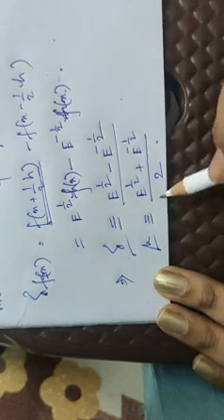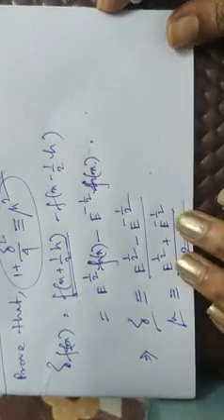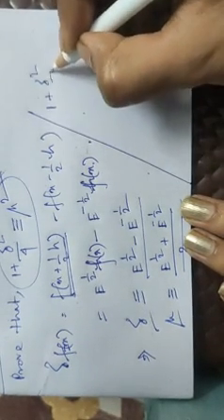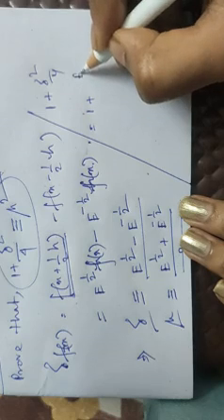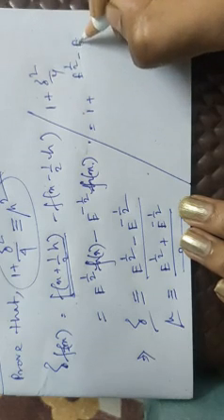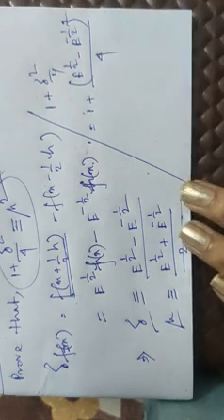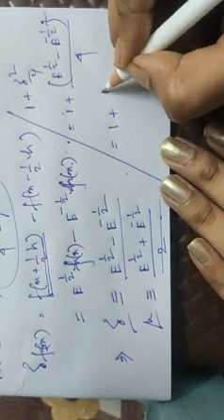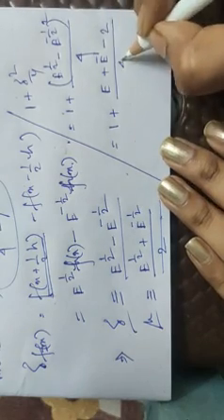Now we will use those values to prove this result. Starting with the left hand side, 1 plus delta square by 4. That means 1 plus e to the power half minus e to the power minus half, its square, by 4. So 1 plus, expanding this, e plus e inverse minus 2 by 4.